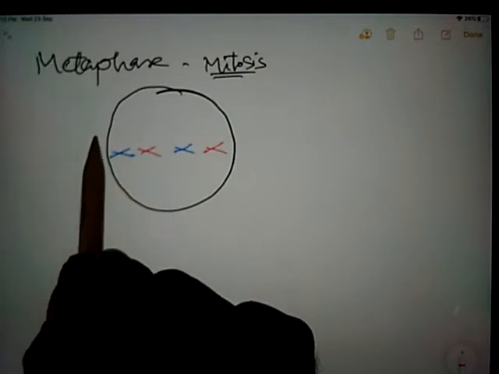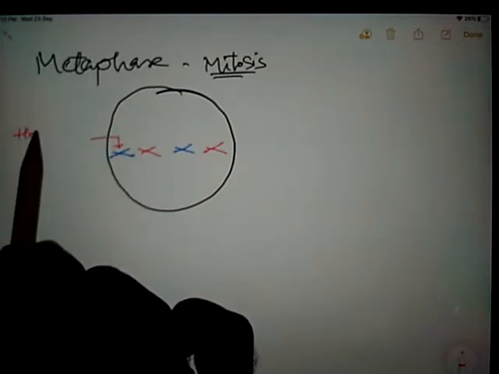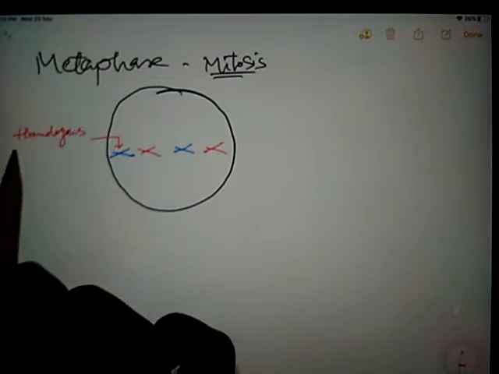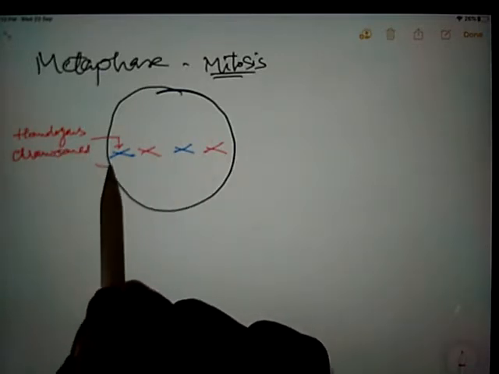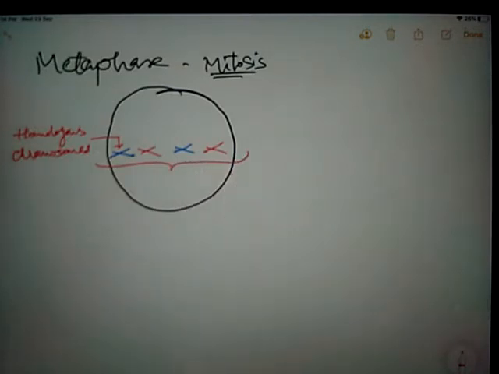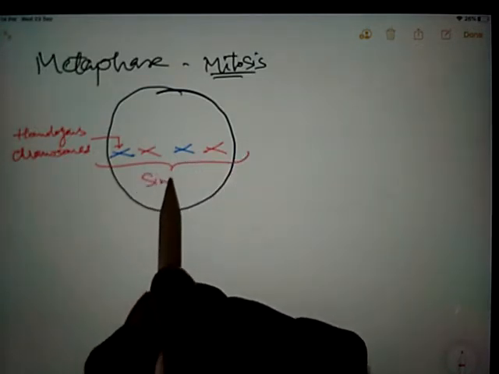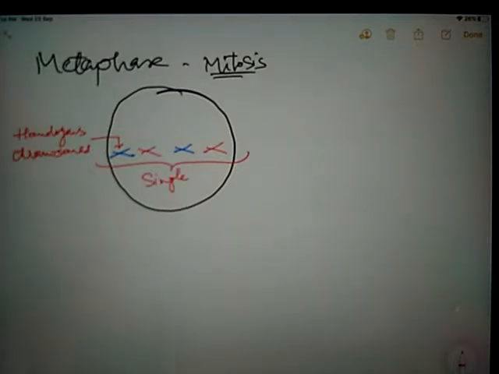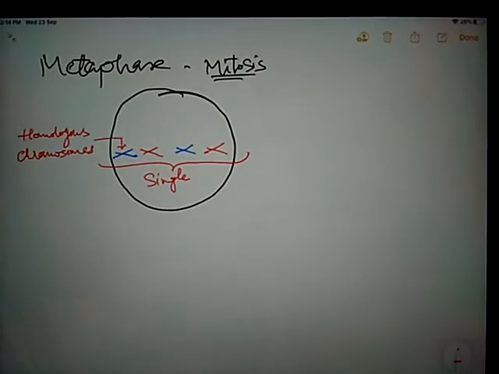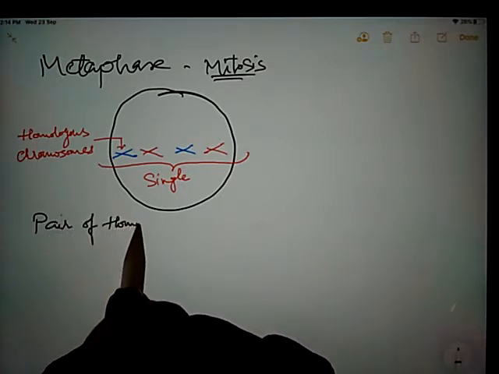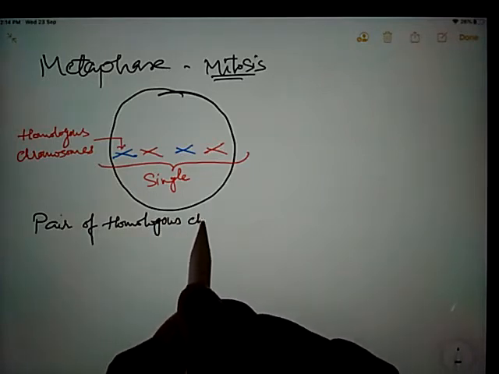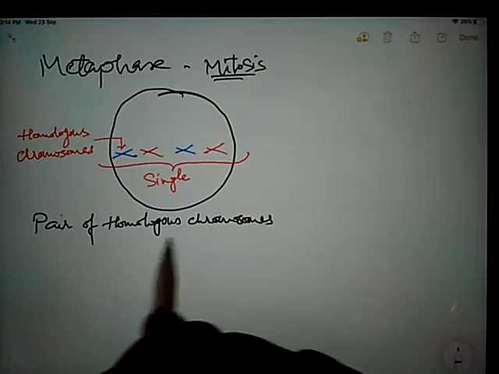They are arranged in a single equatorial plane, only a single plane, because there is no pairing of homologous chromosomes here.